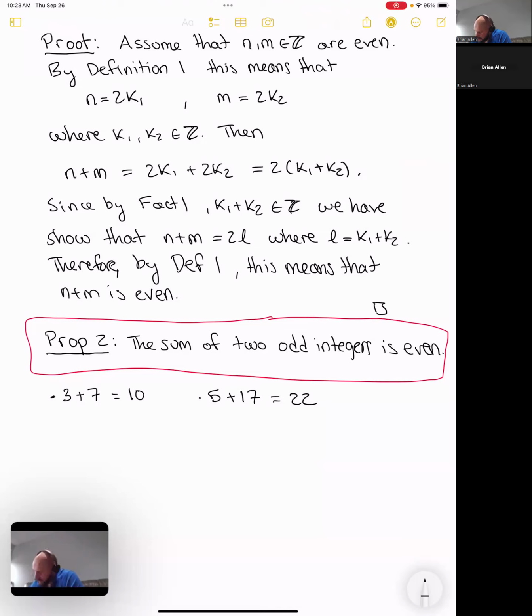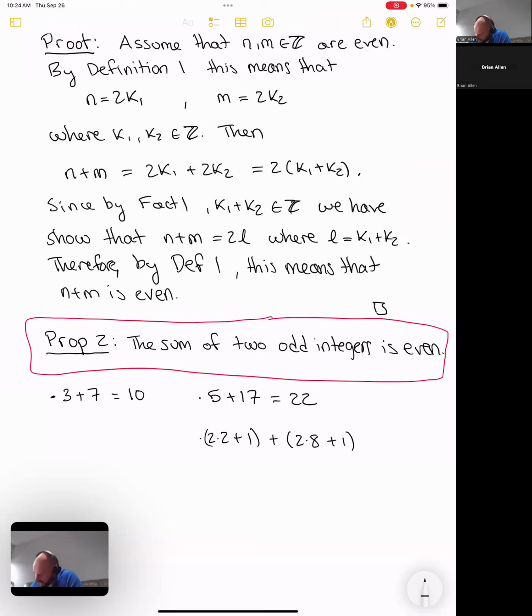Just to play around a little bit, if you like, with 5 plus 17, how would we write 5 in the odd number characterization? Well, we'd write it as 2 times 2 plus 1. And then what about 17? Well, here we want to write it as 2 times 8, which is 16, plus 1.